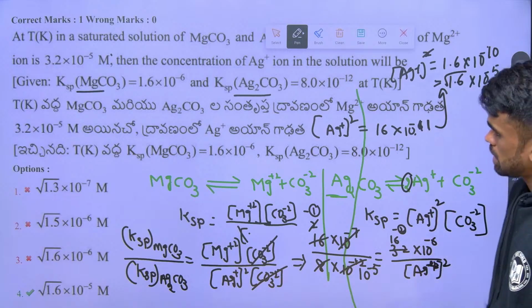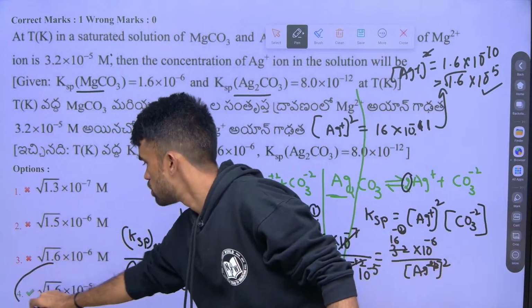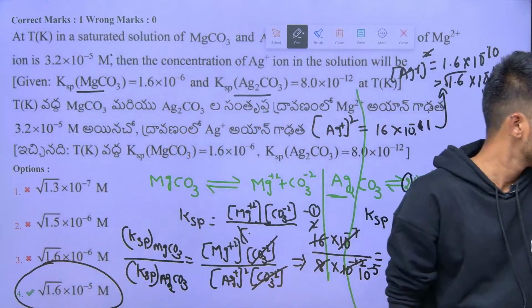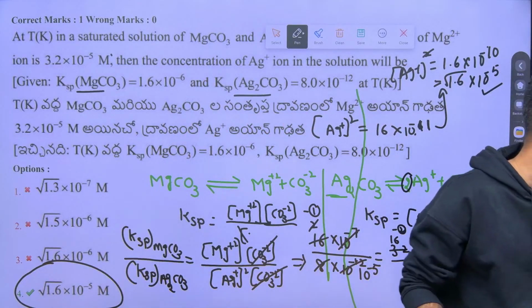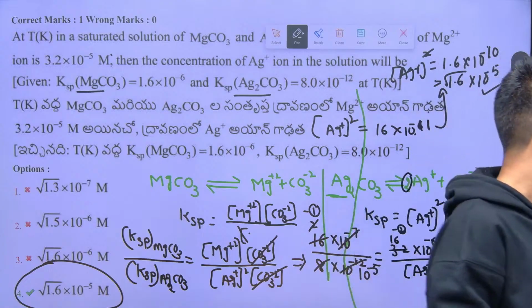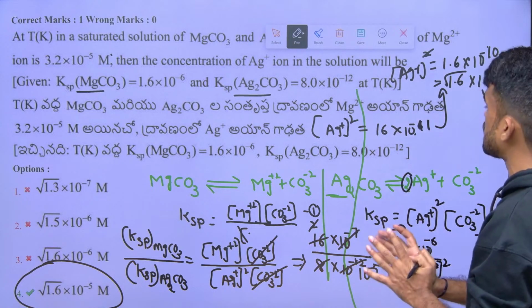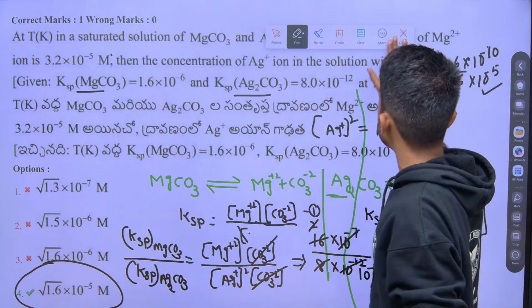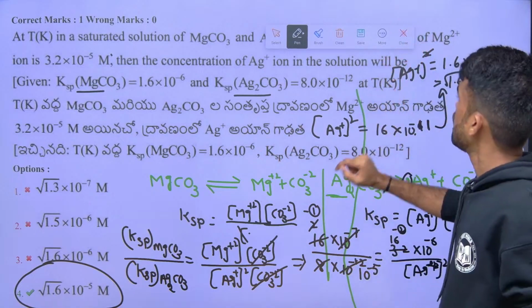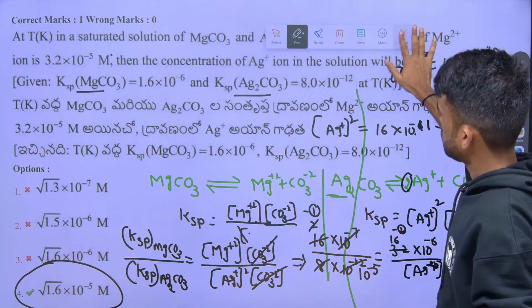So we have option number 4, root 1.6 into 10 power minus 5. I hope it is clear without any confusion. Even I am moving back, so you can just take a screenshot of it. These kinds of questions are also interesting, and you will be seeing this kind of questions in JEE Mains and in the EAPCET this time.